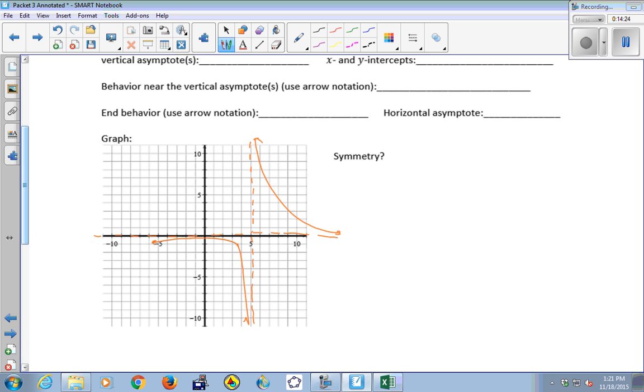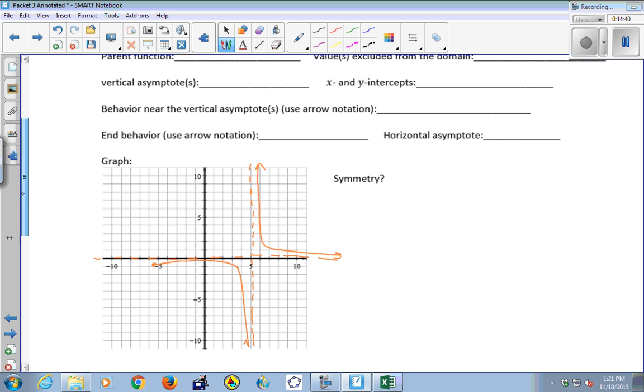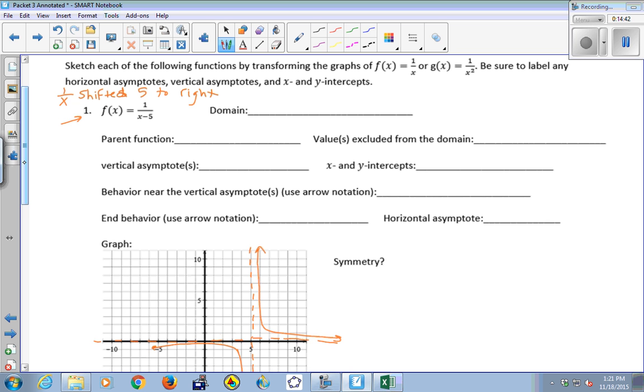It's your basic shape, like that. So you get the basic shape, and then you just figure out where the asymptotes go, and we just shifted the whole thing. So I'll leave you to answer all these other questions. The parent function was 1 over x, and we just shifted it.